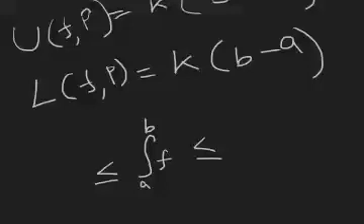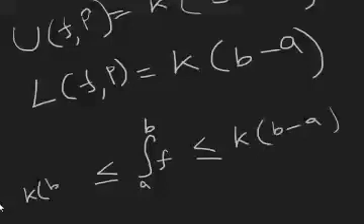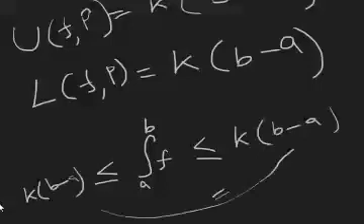So the upper sum is k times b minus a, and the lower sum is the same value, and these two values are equal. That means this integral should be equal to this value.